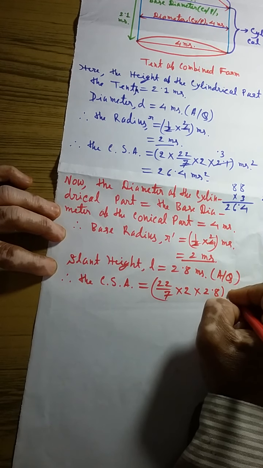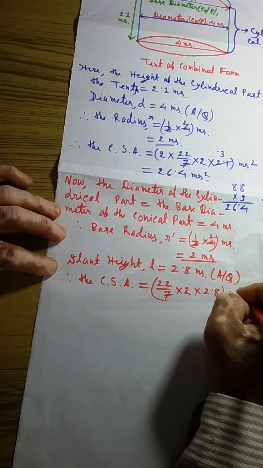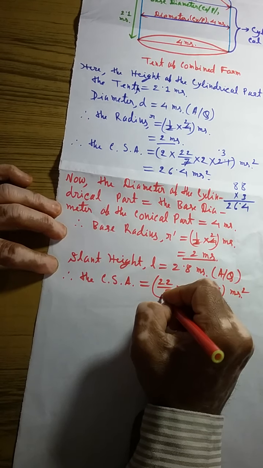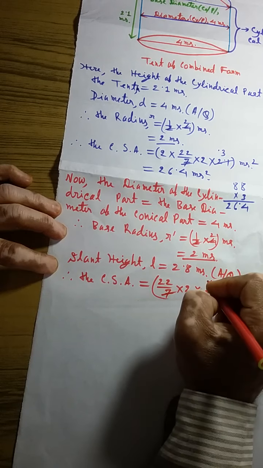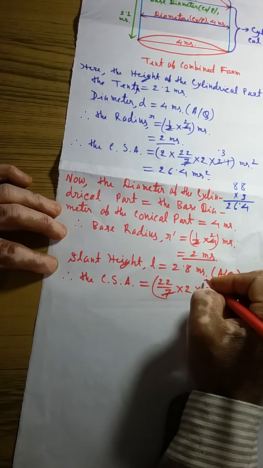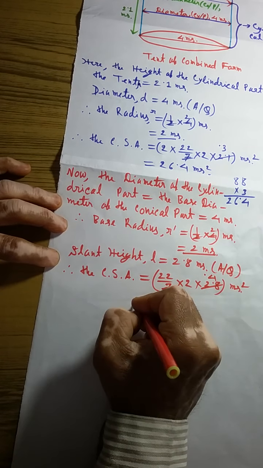The unit will be meters square. Now if we do cancellation here, 7 4s are 28, so we will have 0.4 here.